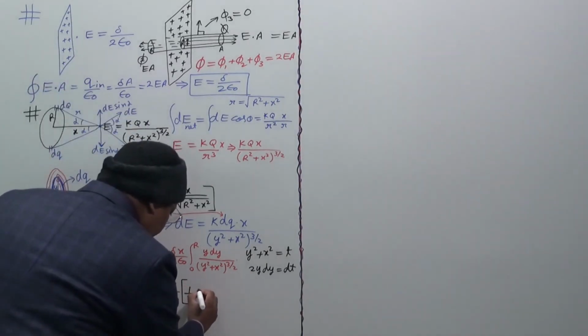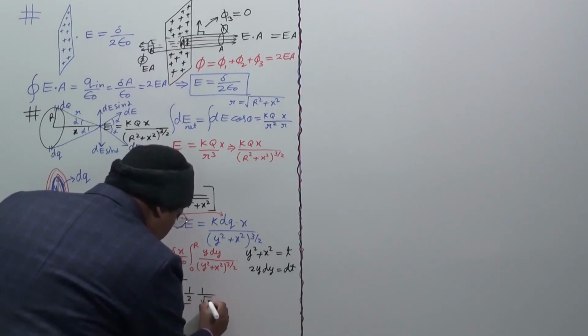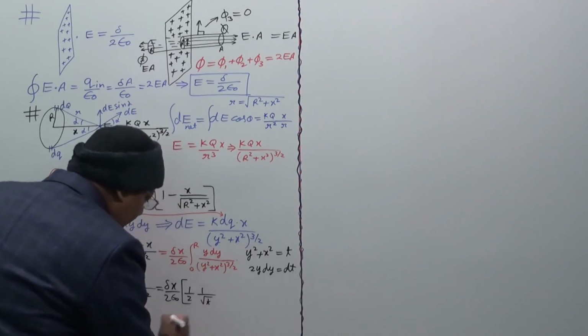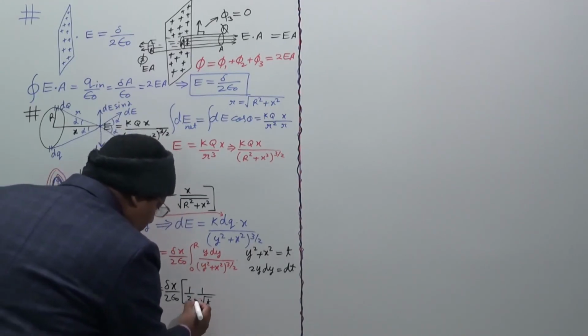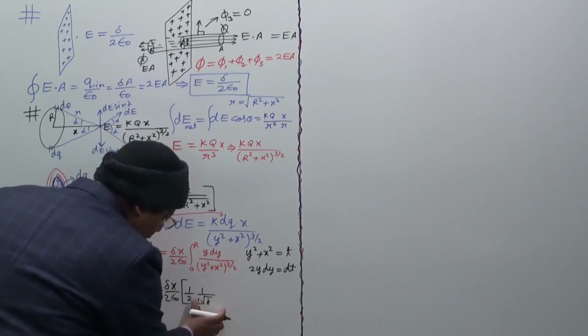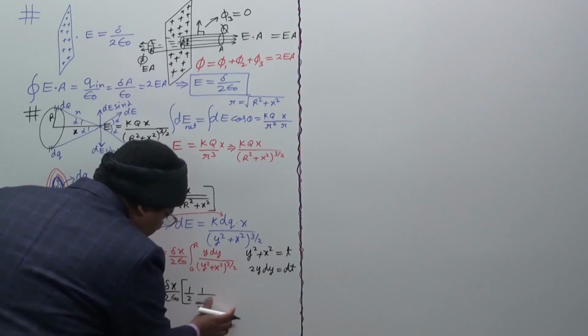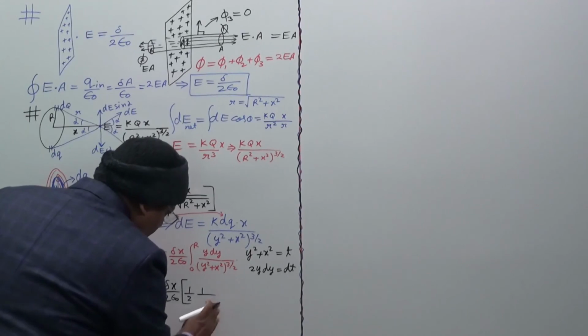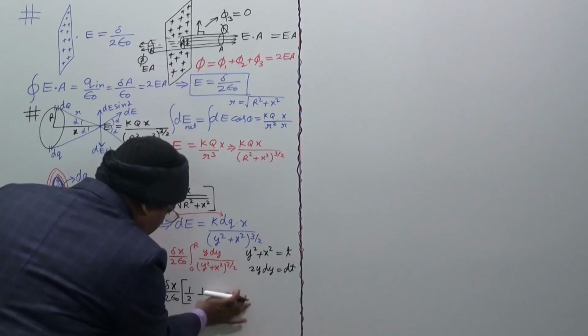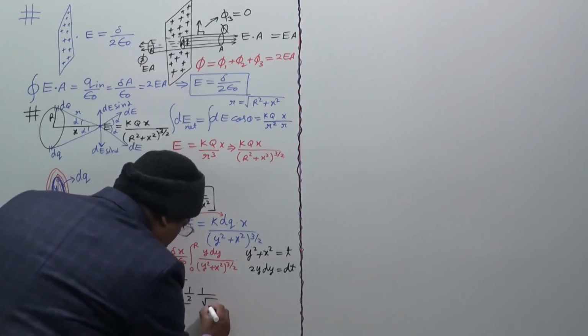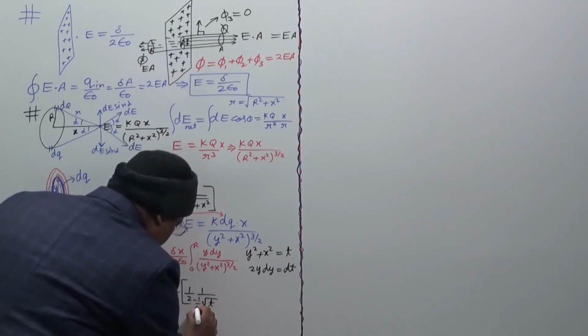So 1 by root t and negative 1 by 2. Write it more clearly as root t, minus 1 by 2 in multiplication.